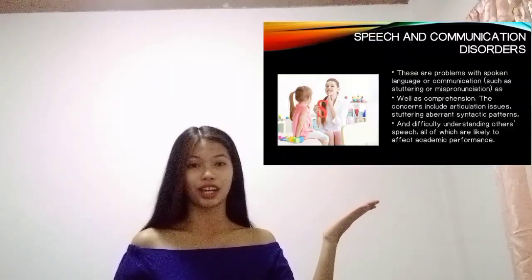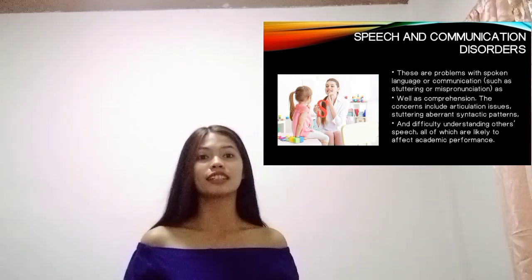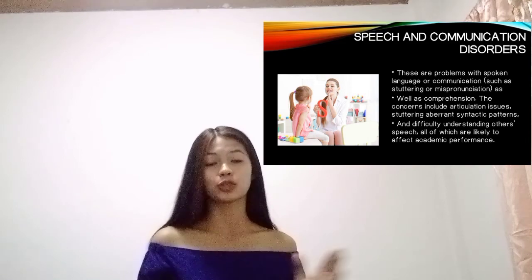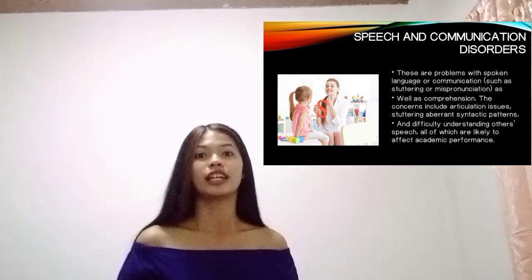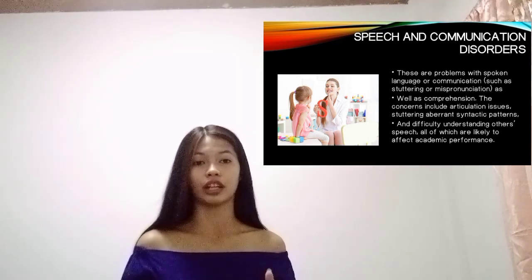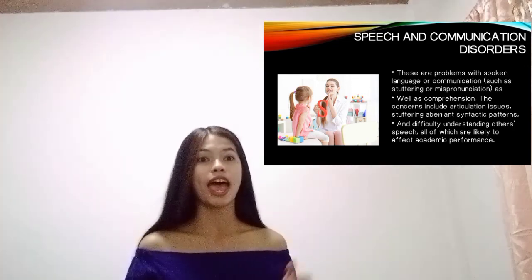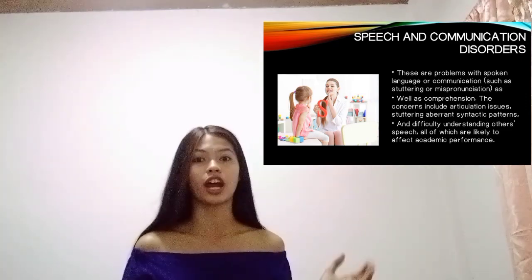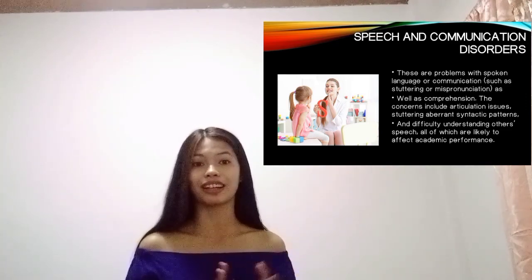Okay, let's move on to speech and communication disorders. These are problems with spoken language or communication, as well as comprehension. The concerns include articulation issues, slurring, and difficulty understanding other speech, all of which are likely to affect academic performance.